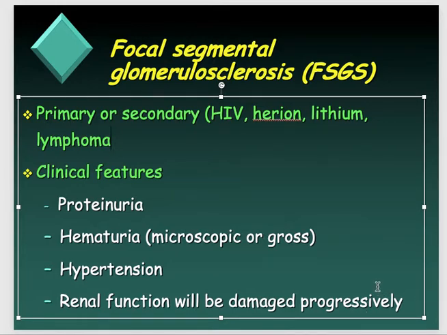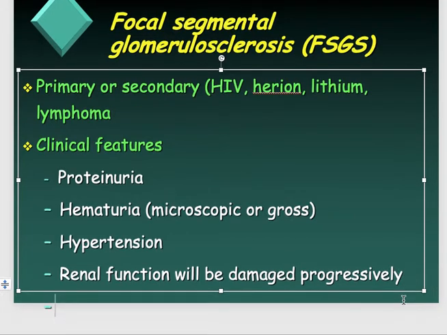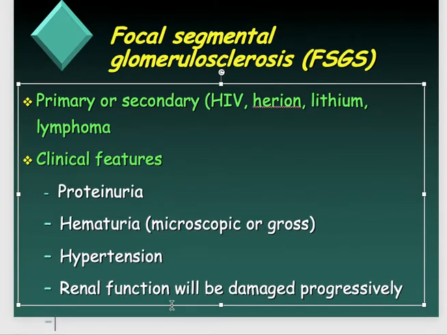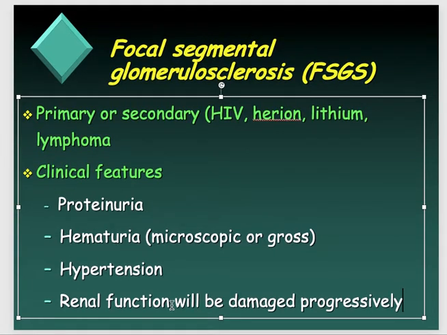So, by the way, one very important point, guys, I want to mention over here is that up to 50% of the renal transplants are basically done because of focal segmental glomerulosclerosis, because many of these people end up in renal failure, so we go for renal transplant.